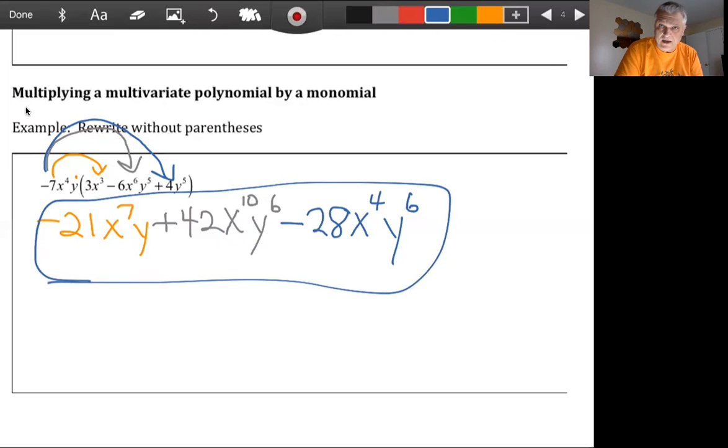It is simplified. All right? So we have just finished the front page, and we now have had a little bit of practice on taking a monomial, one term, and just distributing it through a set of parentheses and multiplying it by every single term there, right? So we have finished half of the notes, and you know what that means.